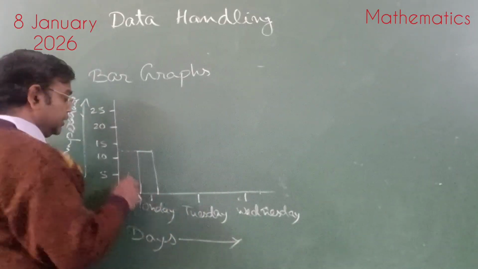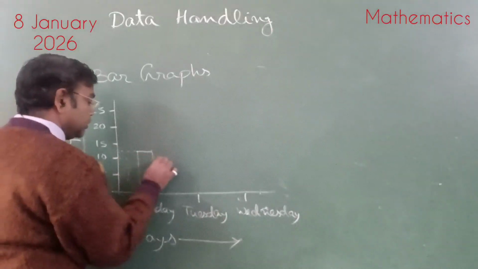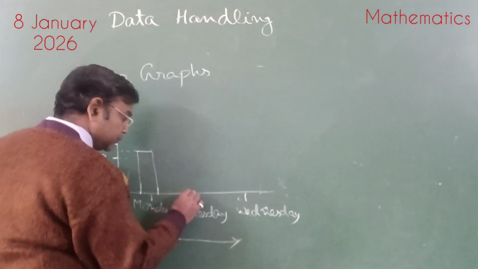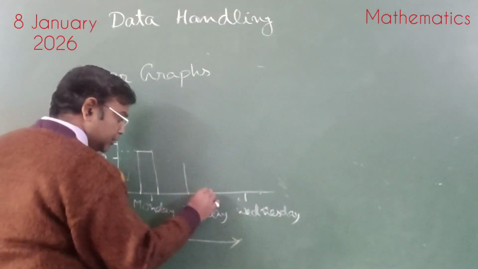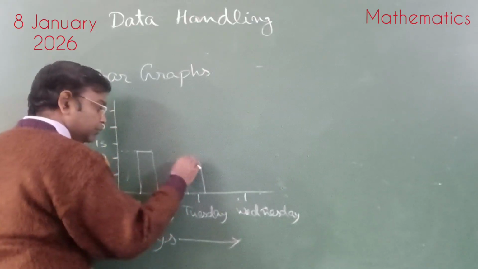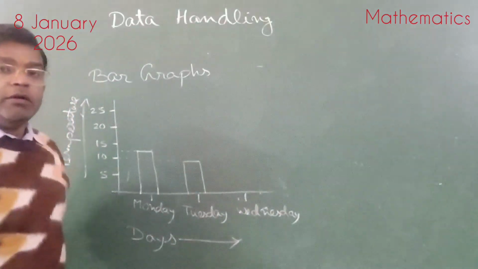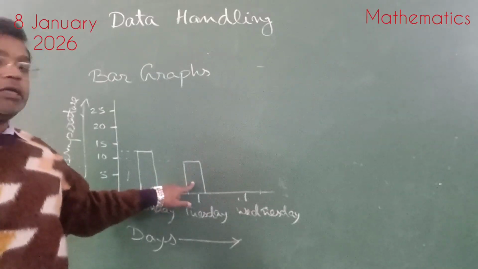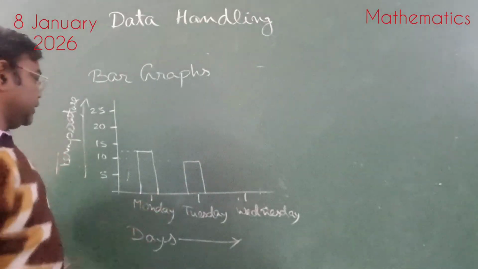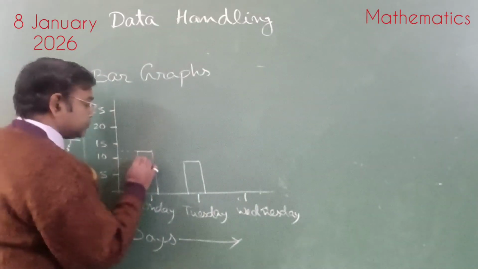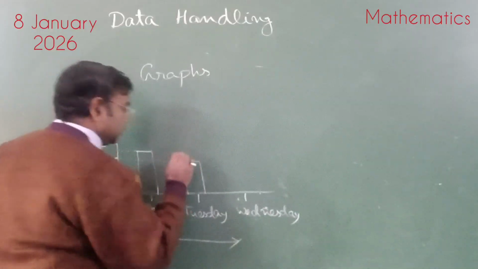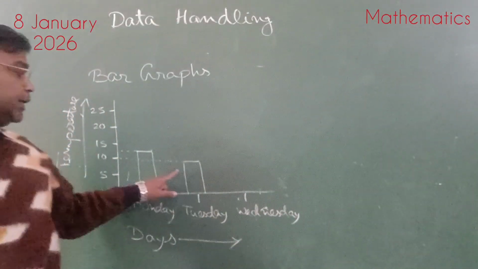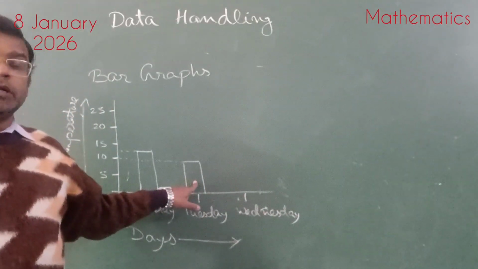On Tuesday, the temperature decreased a bit, to 10 degrees centigrade. Again we use equal width by using the scale. See here, we roughly draw a dotted line so that we can easily draw the graph.